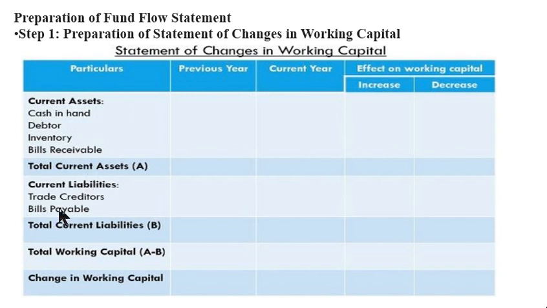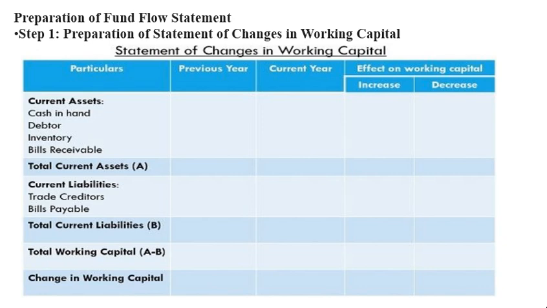While doing the problem you will understand. Then A minus B gives the changes in working capital, that is, the difference in working capital. It will be shown here, and after that you show the total. This is how you prepare the statement of changes in working capital. This is the first step in the preparation of the fund flow statement.